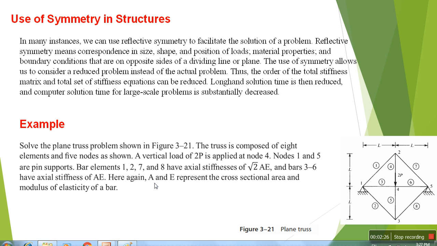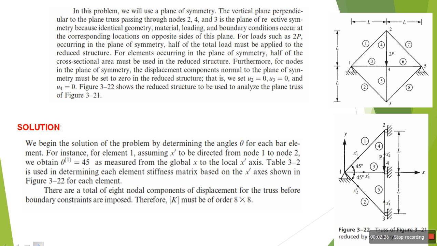Here again, A and E represent the cross-sectional area and modulus of elasticity of the bar. In this problem, we will use a plane of symmetry.